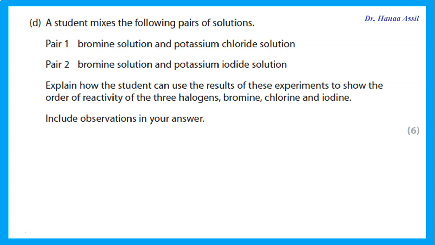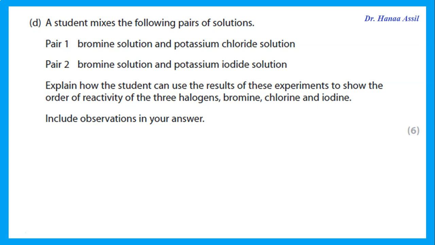Remember that if a halogen is more reactive than another one, then it will be able to displace it. So what we're required to explain is we're going to add the 2 solutions of each pair, and determine if there was a reaction or not. If there was a reaction, then the halogen added was more reactive.